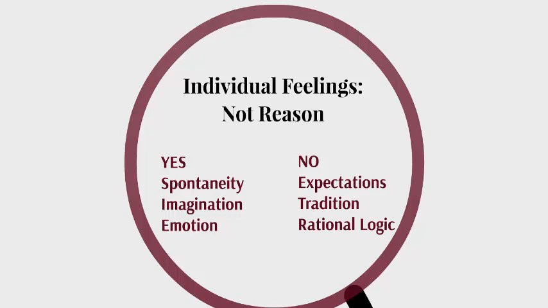Expectations are out, spontaneity is in. Tradition is out and imagination is in. Just because your parents did something the way they did, you didn't have to go to the same church or build your house the same way. You don't have to follow those traditions. Similarly, rational logic is replaced more by intuition and emotion.